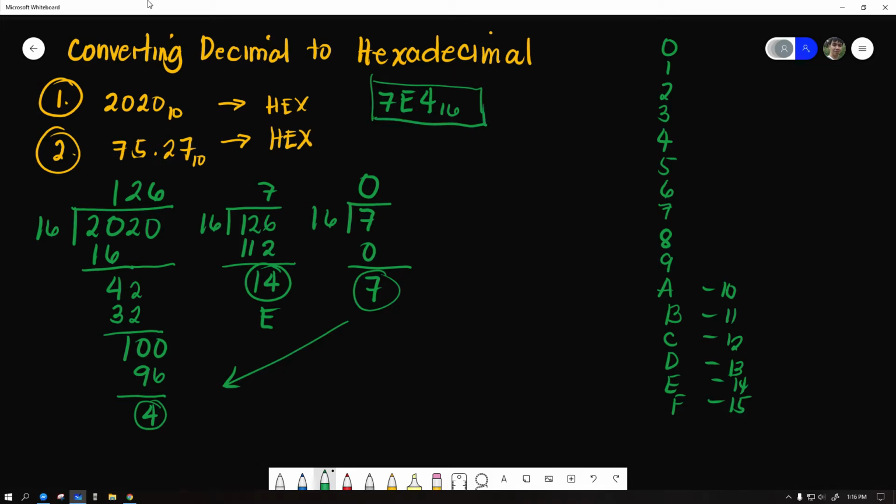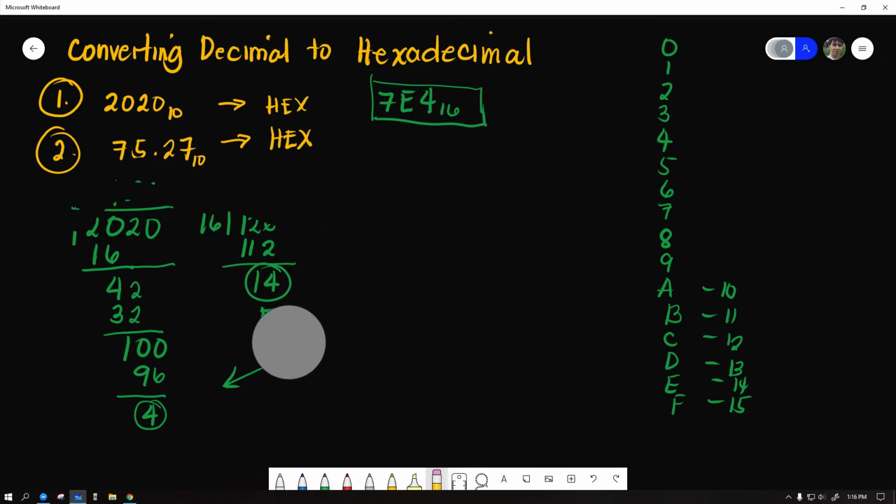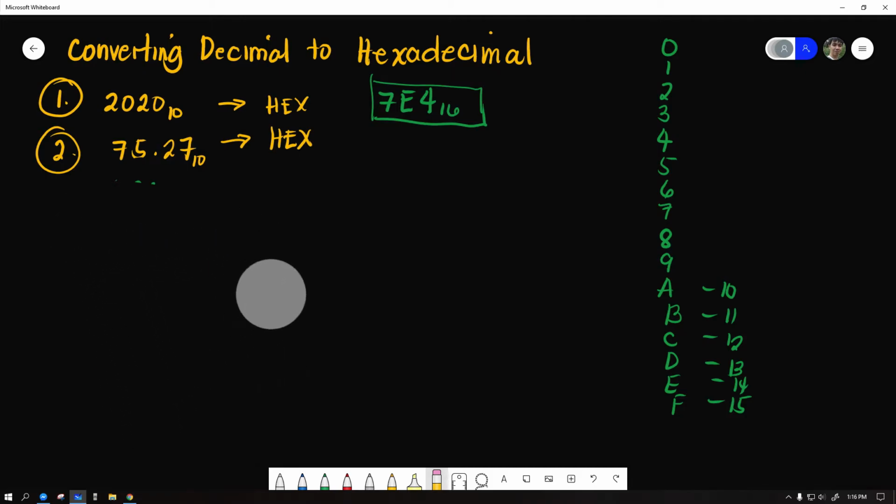How about if we have the fraction part? It is the same for the integer part, that we successively divide the integer part by the radix. So we start with 75, divide that by 16. How many 16 can you get from 75?